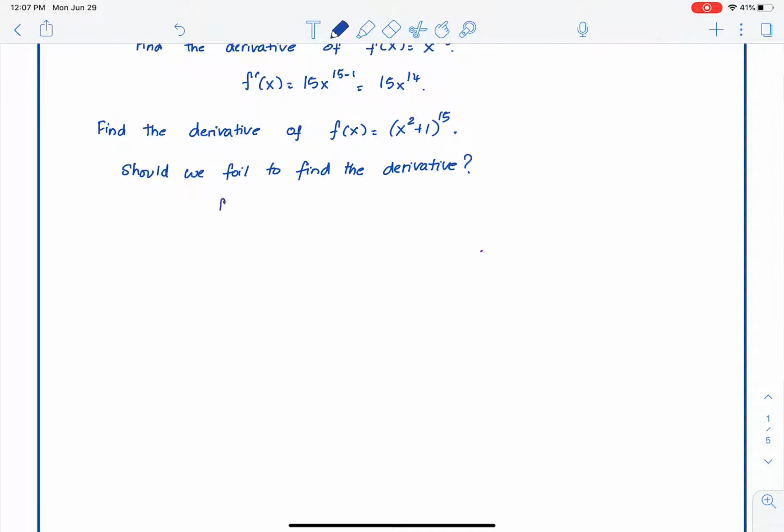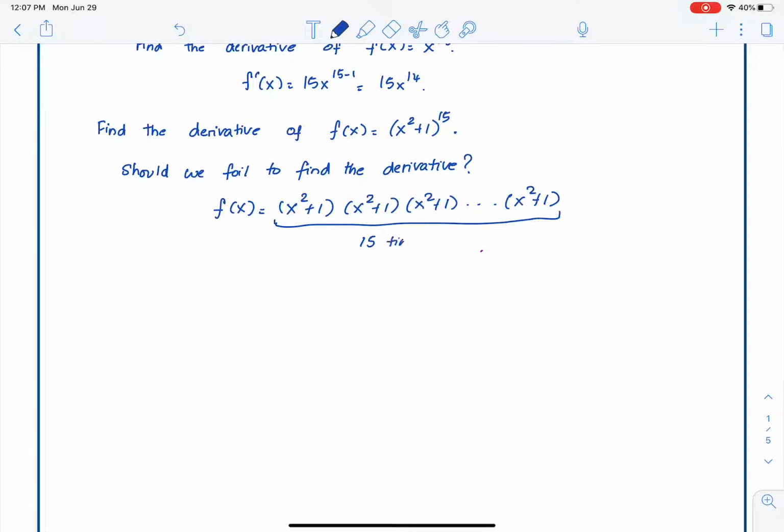That is, write x squared plus 1 raised 15 as x squared plus 1, times x squared plus 1, times x squared plus 1, 15 times. Well, if you have a lot of time, go for it. So the answer is absolutely no.